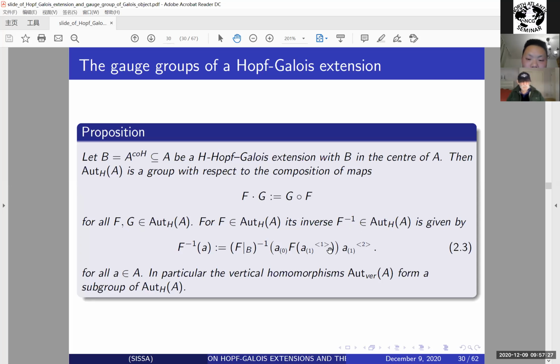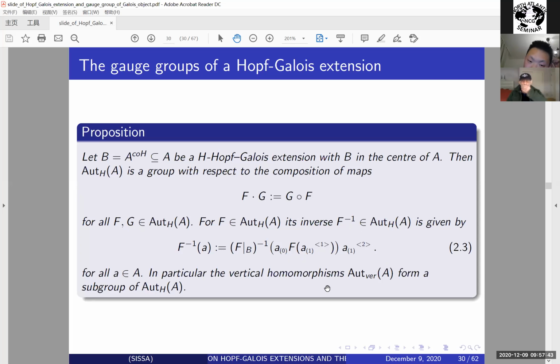And here we need to use a translation map. And one can also check that F of A11 belongs to B tensor A.